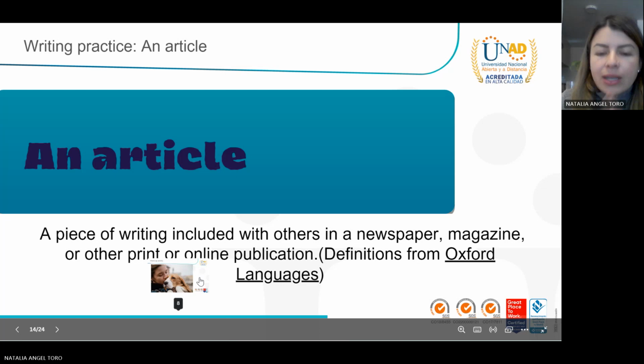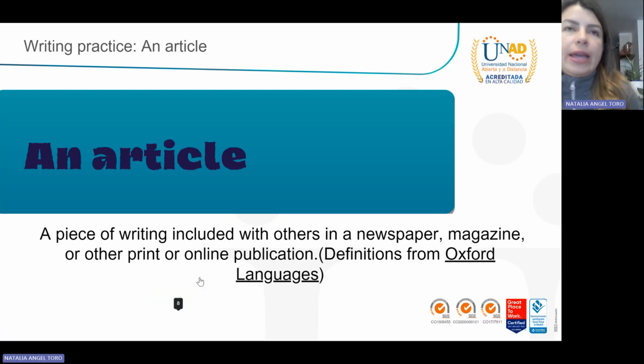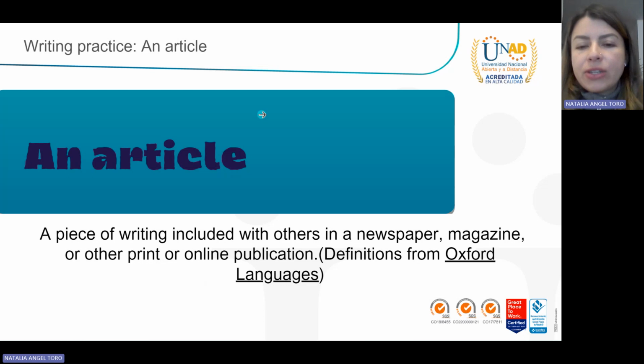So now, introducing our main topic to practice our writing skills, I said that it is an article. An article, based on the dictionary definition, is a piece of writing included with others in a newspaper, magazines, or other print or online publications.